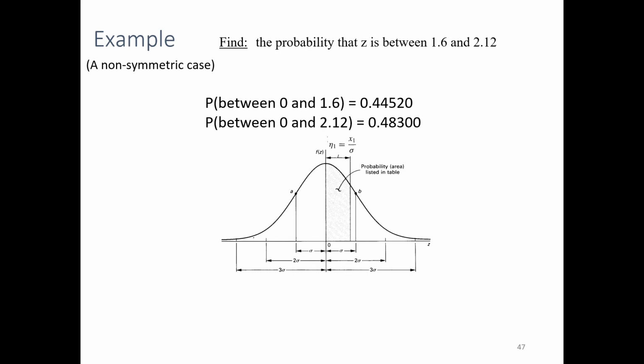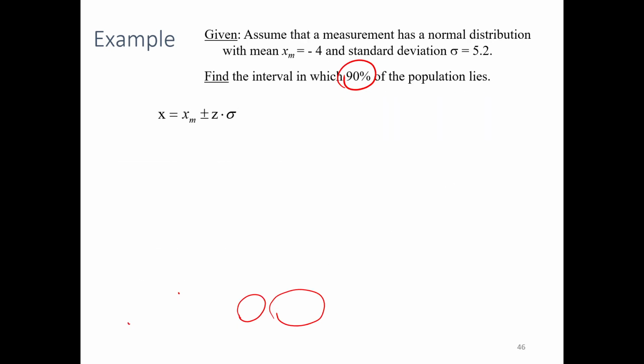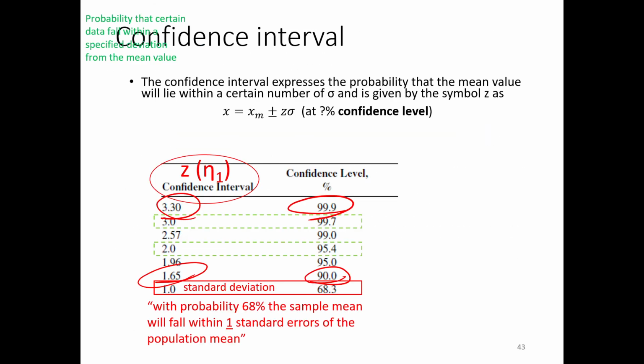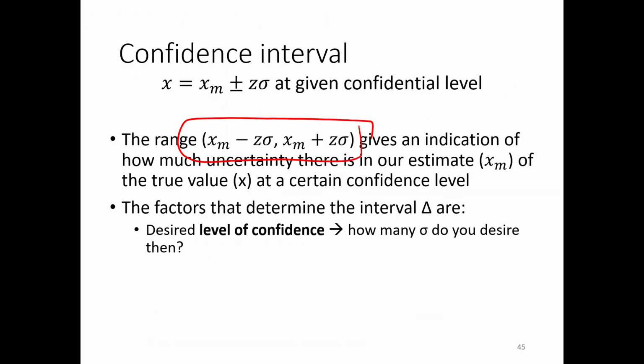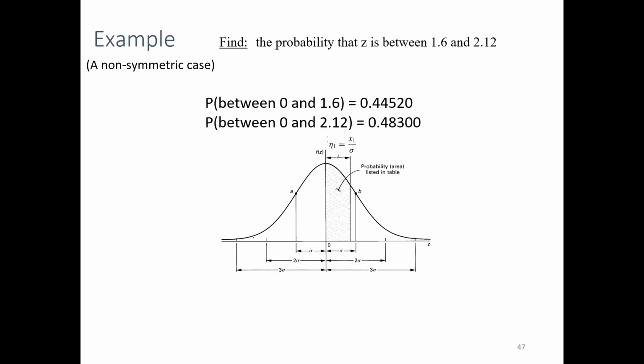Okay. Next example, we are tasked with finding the probability that z is between 1.6 and 2.2. The idea was that the z-score presents how far away from the mean you are.